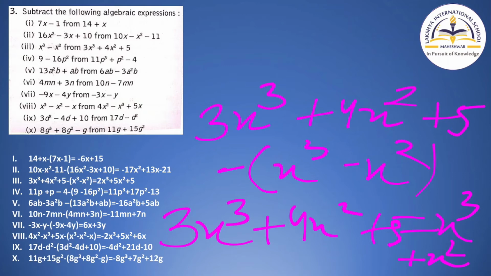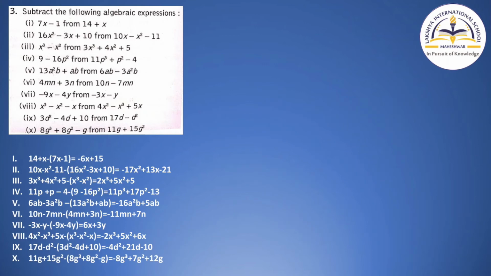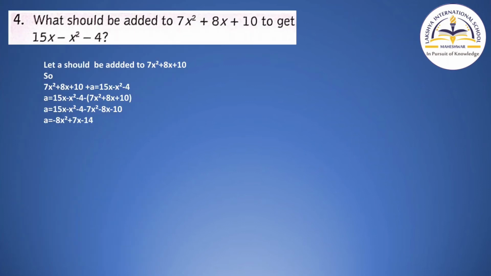Here you can easily see 3 minus 1, you will get 2x cube. Now 4x square plus 1x square equals 5x square. Now plus 5 as it is, so this will be your answer. Now all the answers are given here, you have to solve them in the same manner.